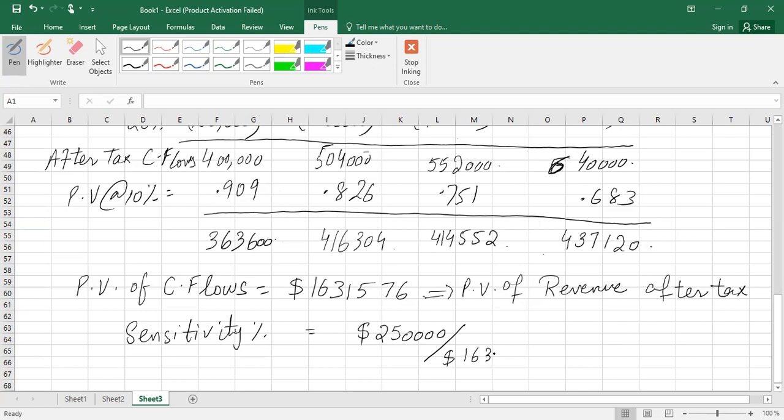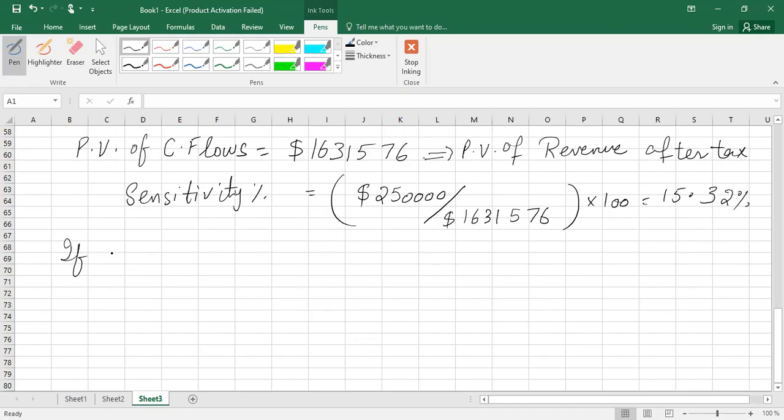Here the relevant item is revenue, into 100 to convert into percentage. So the answer is 15.32%. What does it mean?